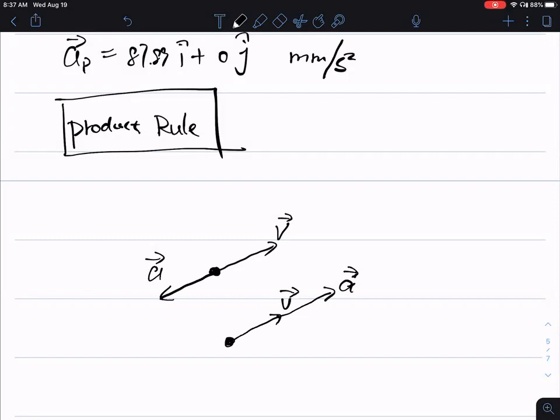My bad. Oh, right here. Is it possible for a particle to have velocity and acceleration vectors pointing in either the same or opposite direction?